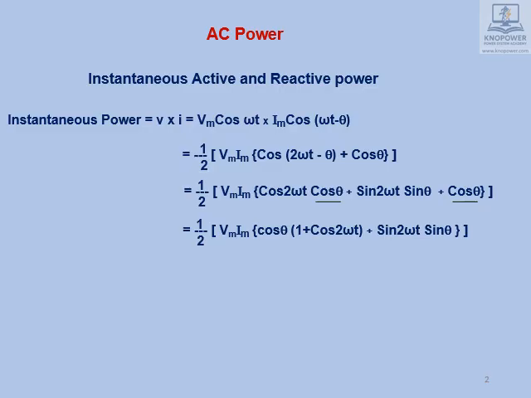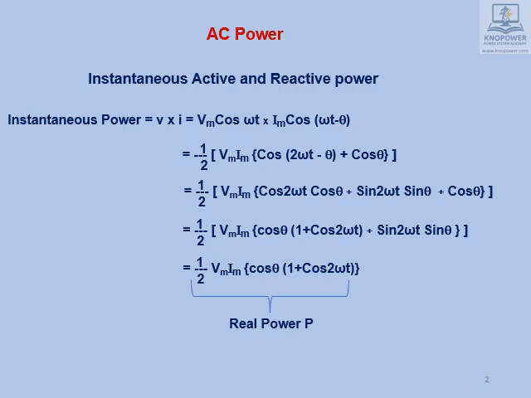Taking out cos theta, instantaneous power equals half of Vm Im into cos theta into 1 plus cos 2 omega t, plus sin 2 omega t sin theta.